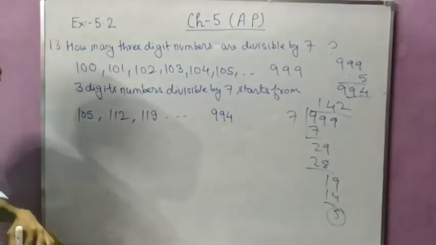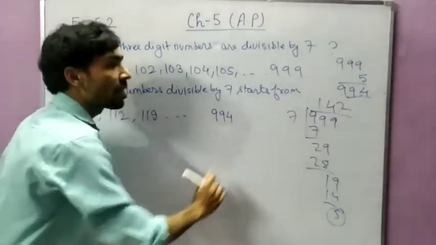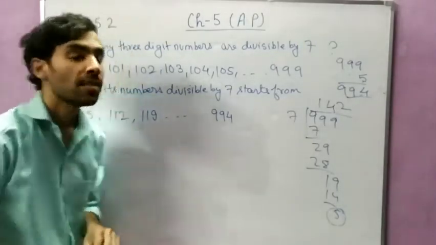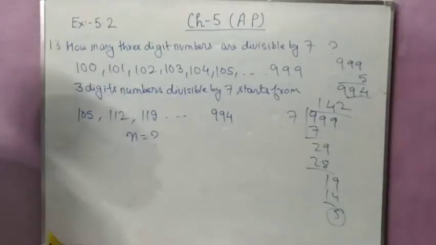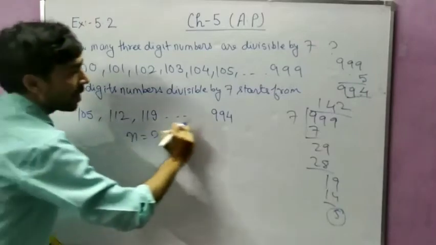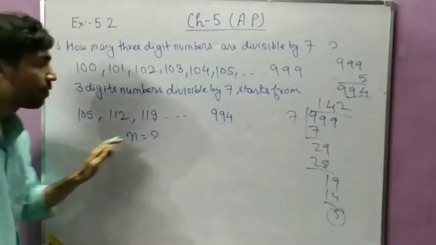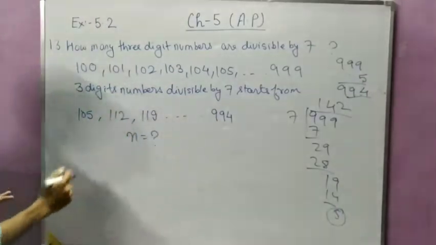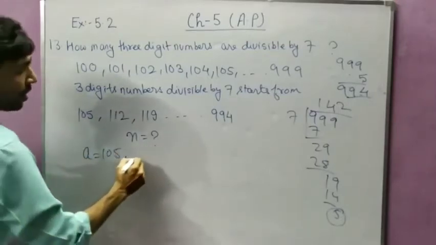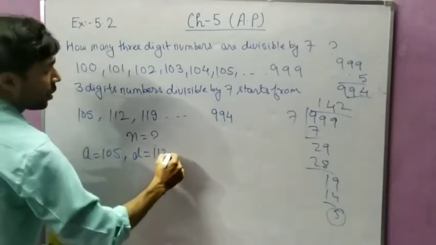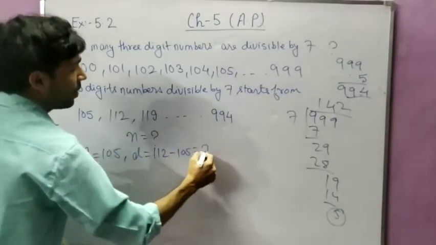Now we have to calculate how many 3-digit numbers there are which are divisible by 7. It means we have to calculate the value of n. Now see, this is forming an AP. The first term a is equal to 105. Common difference d can be calculated as 112 minus 105, that is 7.